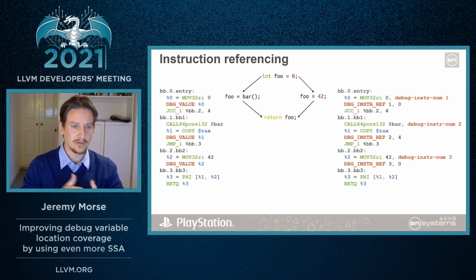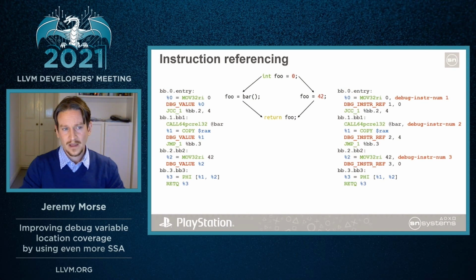Look to the right-hand side of the slide and look at the entry block there. We have the same load of a constant value into a virtual register, but we've put a label on it this time saying that it is instruction number 1. And then the next instruction below, when we want to refer to that value, instead of referring to the virtual register, we say instruction number 1, operand 0.